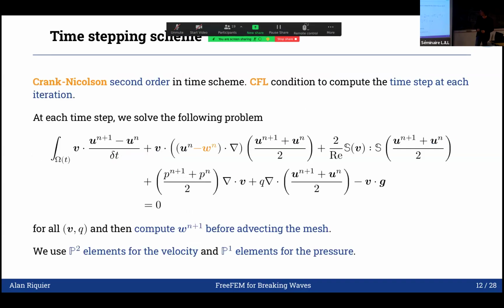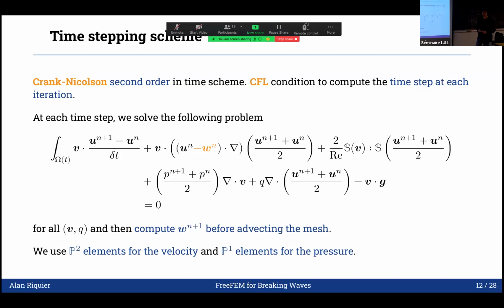Of course, if I do that, so this is the time stepping scheme. So this is exactly what I solve at each time iteration in FreeFem. If I do that, I must subtract the velocity of the mesh in the advection term. So this is very well known for a long time.